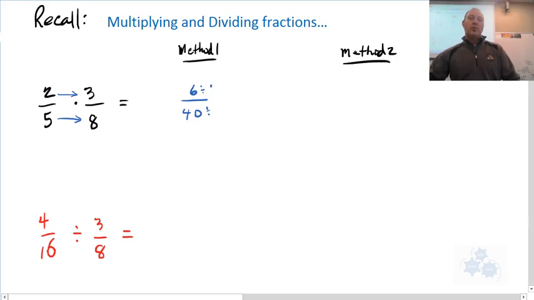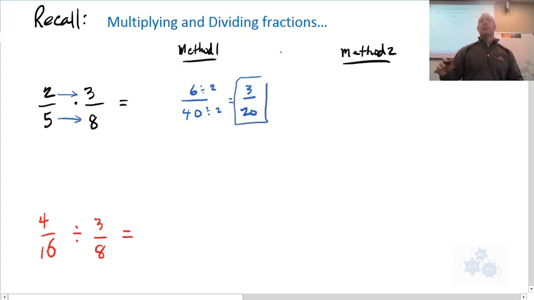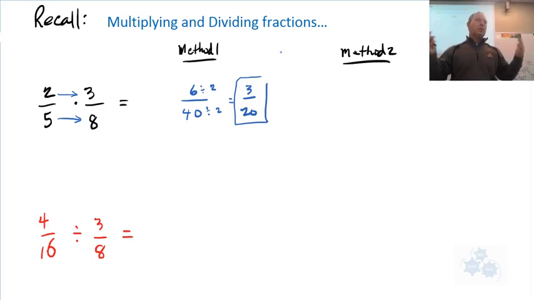We could divide both of these by 2, and we get 3 over 20. Is there another number that we can divide both 3 and 20 by to reduce it further? The answer is no. Okay? So that's method number 1: multiply numerator times numerator over denominator times denominator, and then reduce the answer as much as you can. Okay, here's method 2.